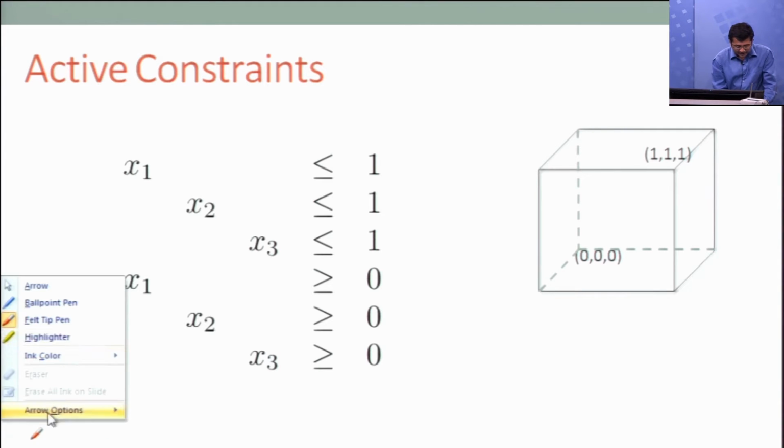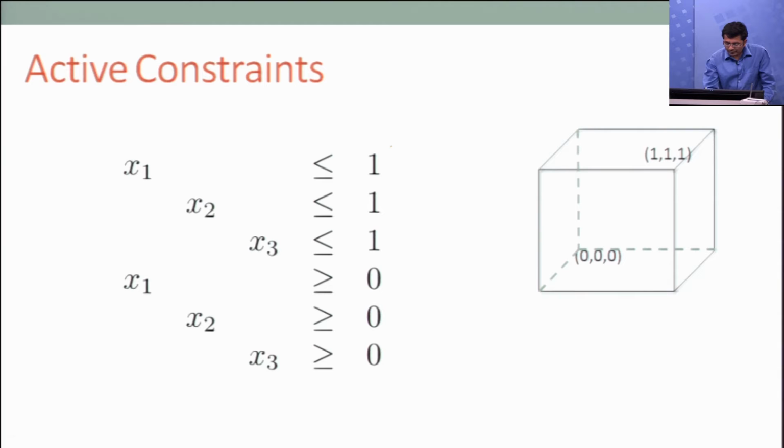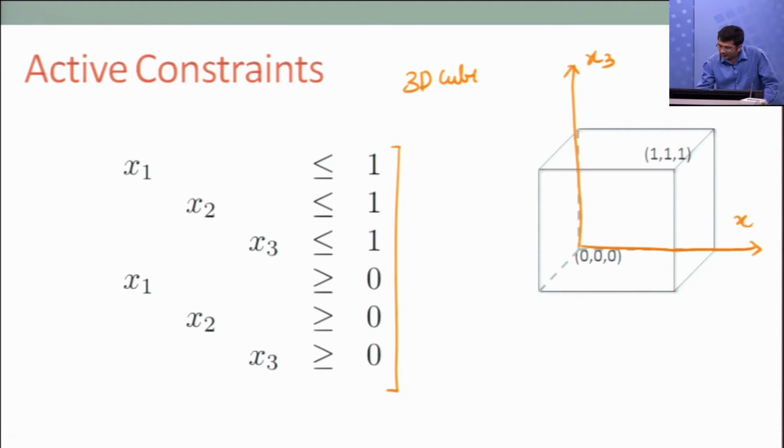So in the three-dimensional case, let's look at a simple three-dimensional polyhedron, and for this I have the 3D cube. I'll draw the axes just to be certain. This is the x3 axis, x2 axis, and the x1 axis. One of the corners is 0, 0, 0, the other corner is 1, 1, 1.